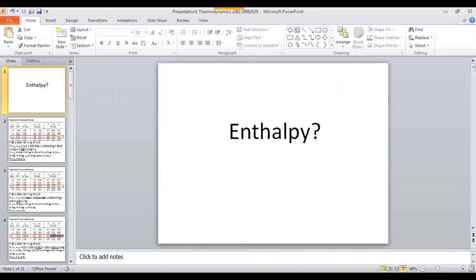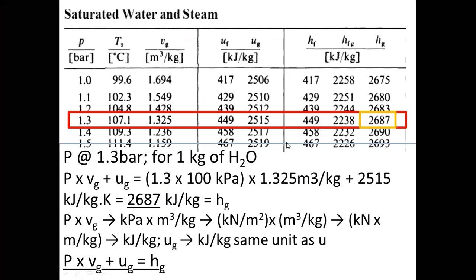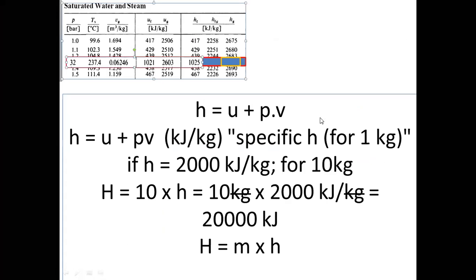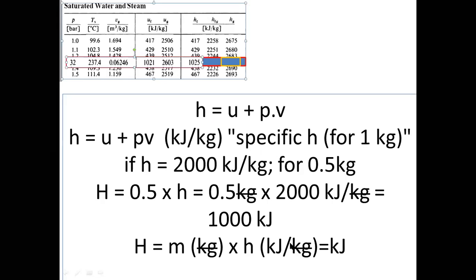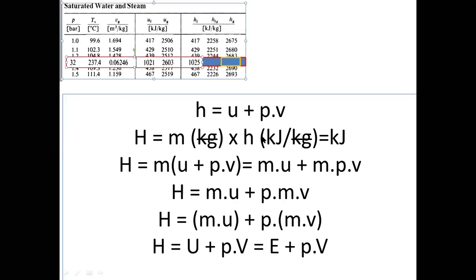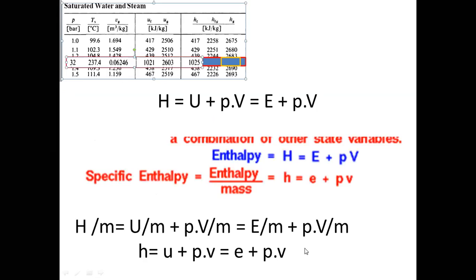Starting from enthalpy, we came to know that H is U plus PV, specific enthalpy, and for the enthalpy of mass m, it is m times h. For a system, it is big U plus P, big V is big H, or E plus PV. This is from the NASA website.